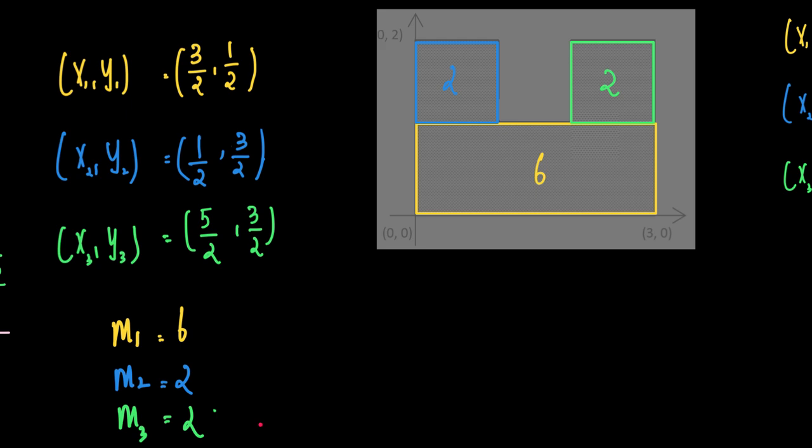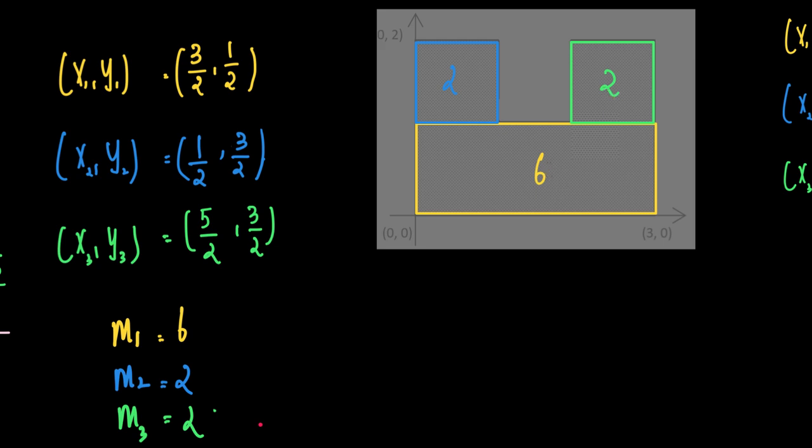If you have written notes for the previous solution, then we have very clearly stated that for equal areas, the masses will be equal when the given plate is uniform in nature, which gives us the mass of the larger rectangle as 6, the smaller as 2, and the other smaller as 2. So the left and the right top rectangles will have 2 kilogram mass, and the bottom large rectangle will have a mass of 6 kilogram.